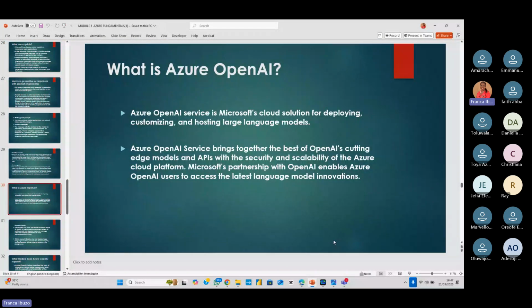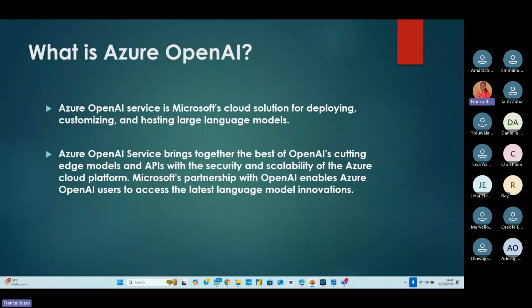Here I did mention that Azure OpenAI Service is Microsoft's cloud solution for deploying, customizing, and hosting large language models.